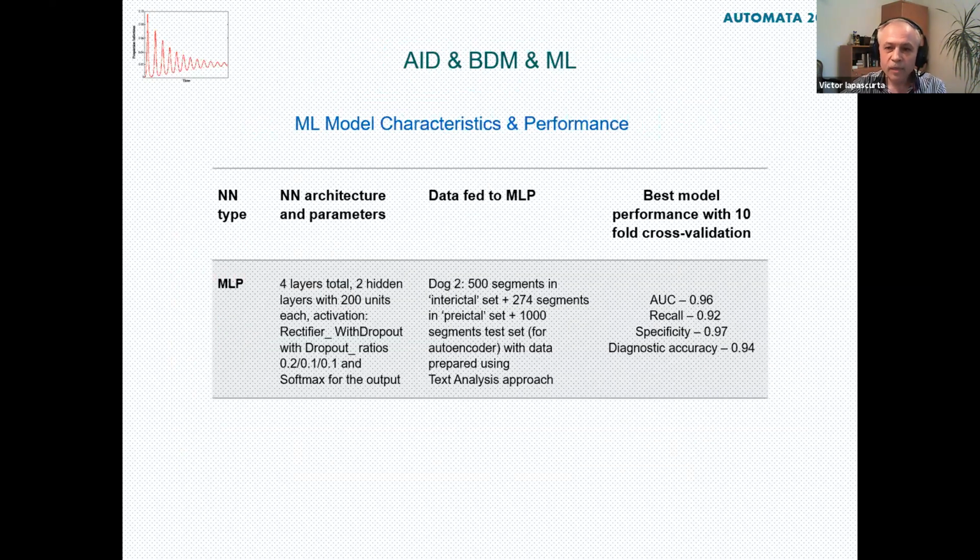Skipping some details, I would mention that I stopped at a multi-layer perceptron of 4 layers, 2 hidden layers with 200 units each, a rectifier with dropout activation function, and softmax for the output. And on the third column, we have the performance metrics, and diagnostic accuracy, you can see, is 0.94.